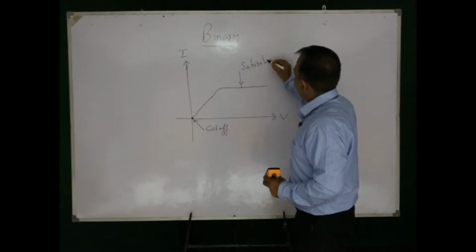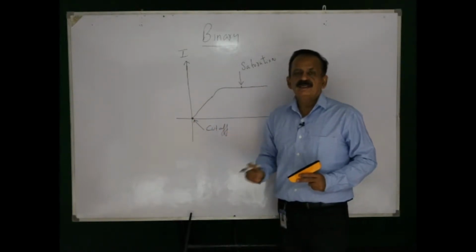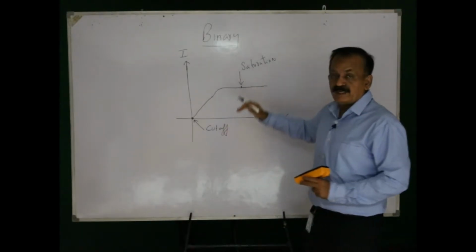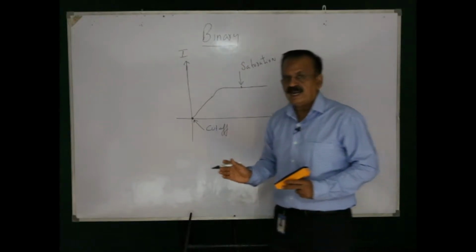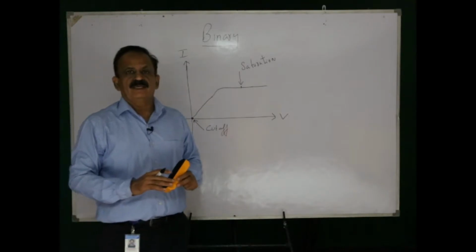The cutoff point is where no current is passing through the device, and the saturation point is where the maximum current is passing through the device and an increase of voltage is not affecting this current.